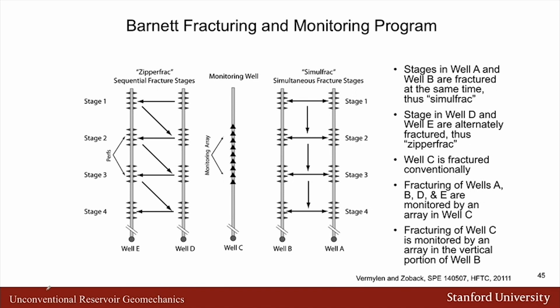And in fact, we saw some other things that were happening in this data set that were really quite interesting, and that is, as we went from the toe to the heel, we saw the apparent least principal stress increase. In other words, the least principal stress is a function of the Earth, but the measurement of the least principal stress is indicating that the values were going up as the stage numbers were going up.